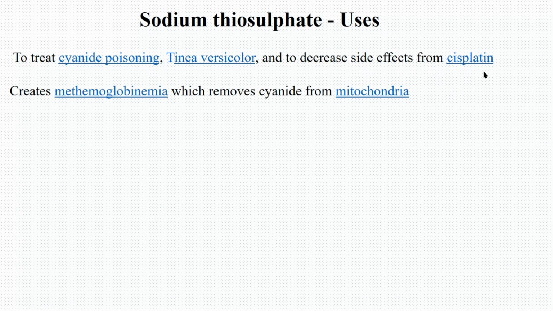The sodium thiosulphate, similar to sodium nitrite, forms methemoglobin. The hemoglobin in the human body gets oxidized to methemoglobin, and the cyanide ions, which are bound to cytochrome oxidase, a mitochondrial enzyme, have high affinity to this methemoglobin.